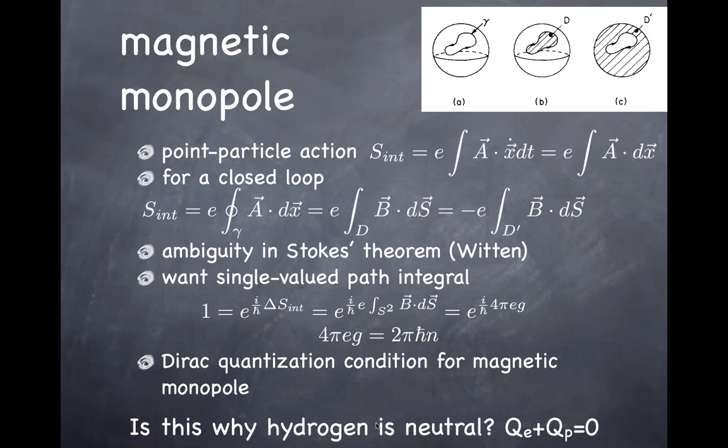So one possible answer to this is that if there were even just one magnetic monopole in the entire universe, you're supposed to satisfy this condition, and therefore the electric charge of particles should always come in quantized units, so that there's no way that the electric charge of the electron and the electric charge of the proton may not cancel at the level of 10 to the minus 23 or something.